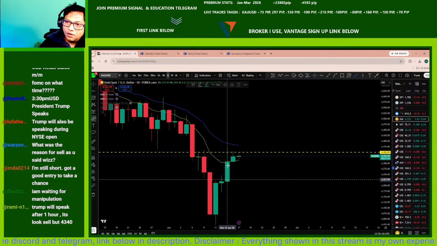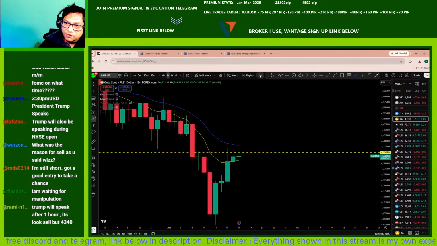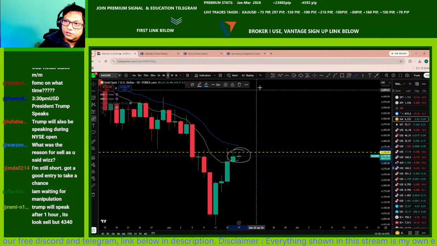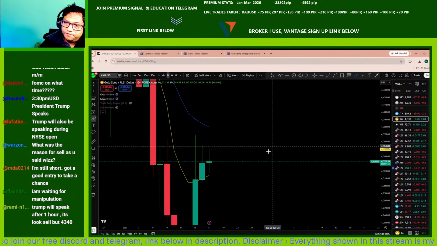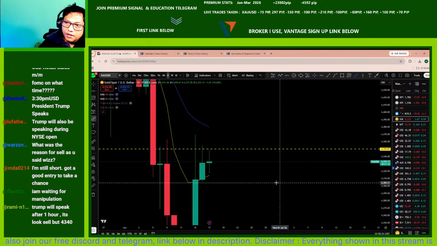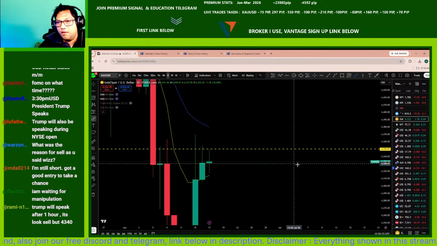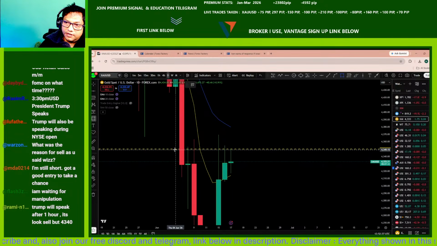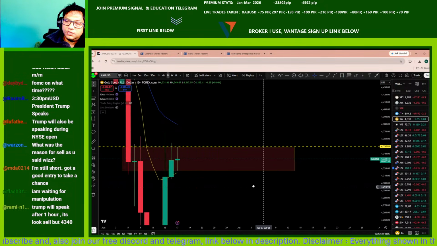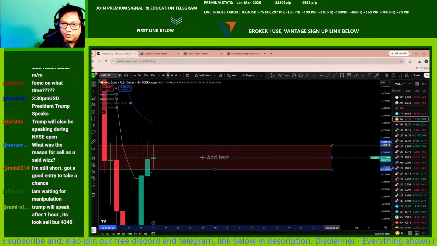On the daily, these last 2 days the market has been in a narrow range. This is a very critical zone, from here the market can go in any direction.